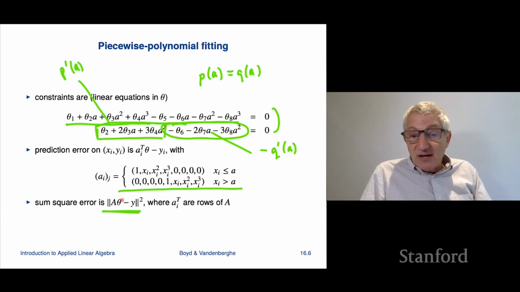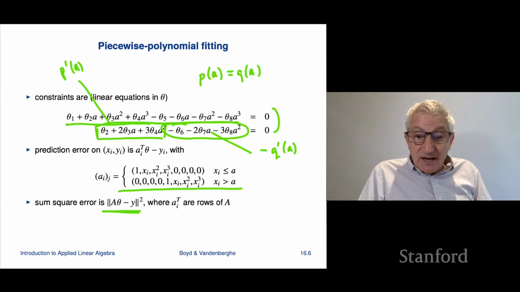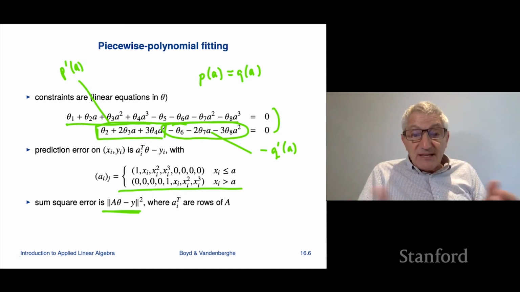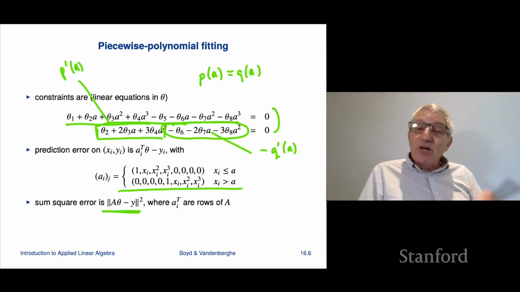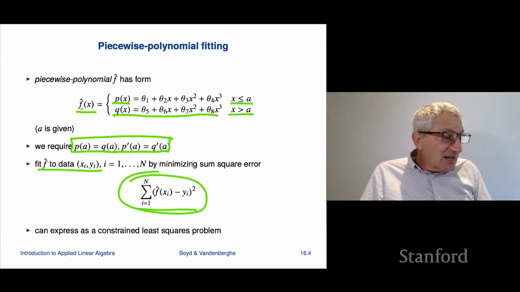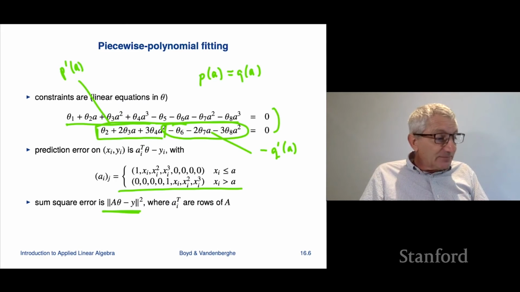So this means we can immediately put this into the constrained least squares problem format. Now we don't yet know how to solve that problem, but we will. Later you'll have some code, and it's going to be very short. You pass in A, b, C, d, and what comes out is the solution. That's it. Okay, so that's coming up.